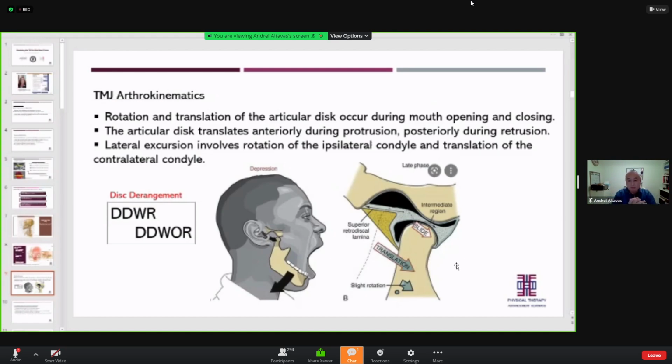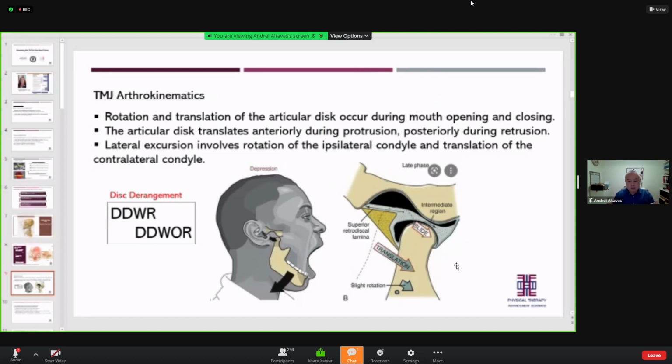So it's very important to understand, just like how we study the shoulder, for example, when we start doing any kind of mobilization technique, we need to consider the arthrokinematics, concave, convex, and things like that.